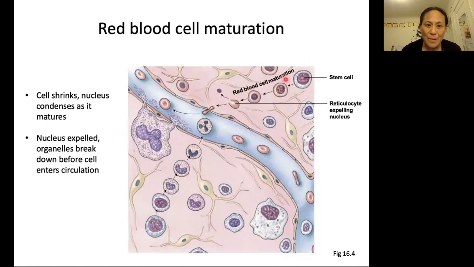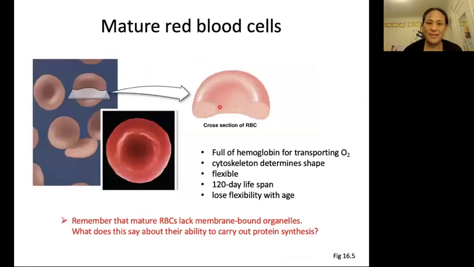And as that happens, the cell shrinks in size and the nucleus condenses. Then right before the red blood cell is ready to enter the circulation, we expel the nucleus, and our organelles also break down. And then we end up with our mature red blood cell.